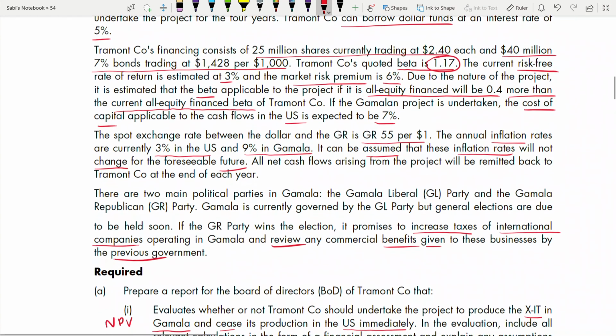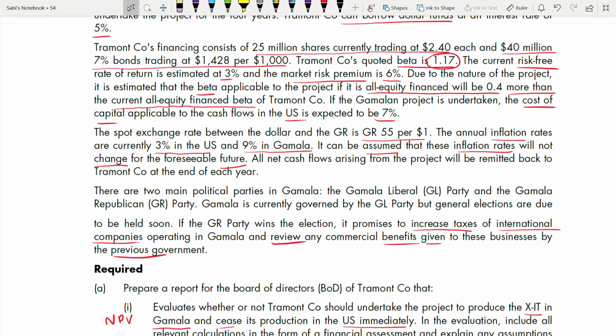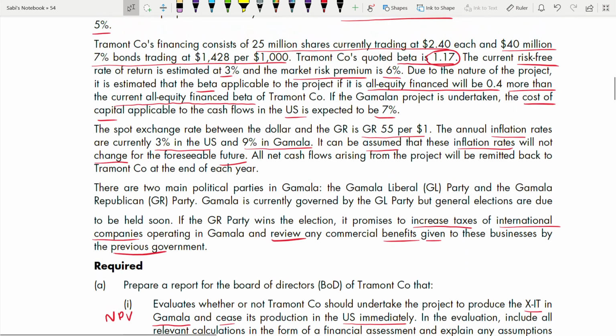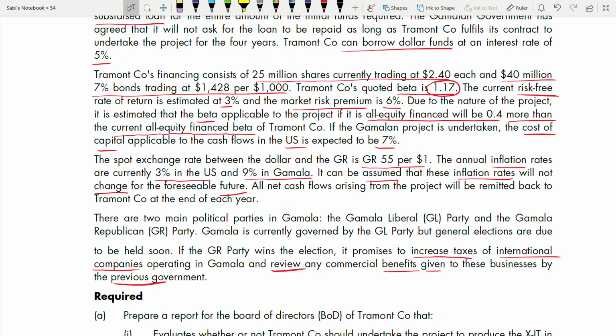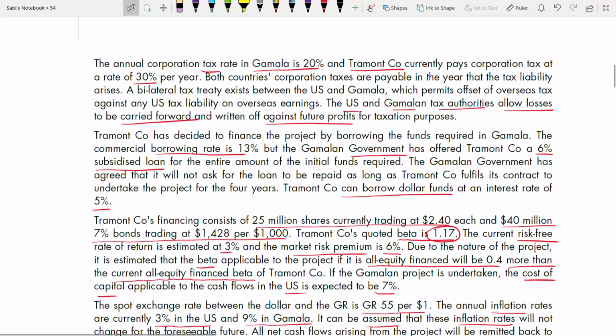Okay, next, that additional contribution, how are we getting it?